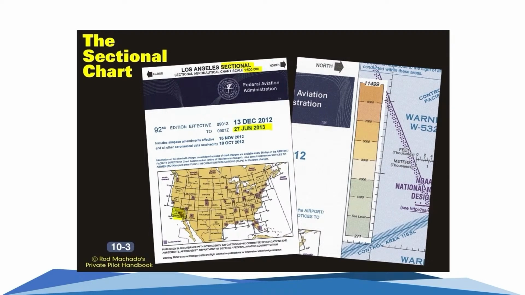The other thing that I'll also point out here is the TAC charts, the terminal charts, which are like the zoomed-in chart. They're not located in every single city out there. They're pretty much surrounding the largest and busiest airports. If we look on this chart right here, they use this codification.